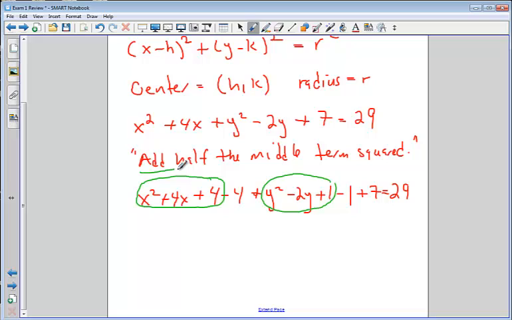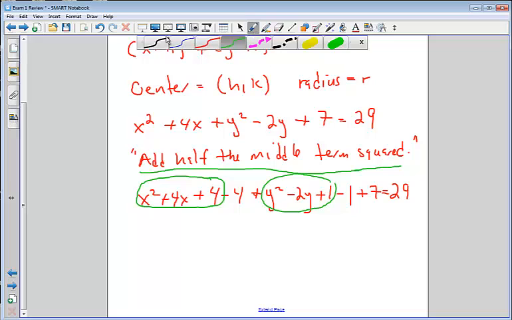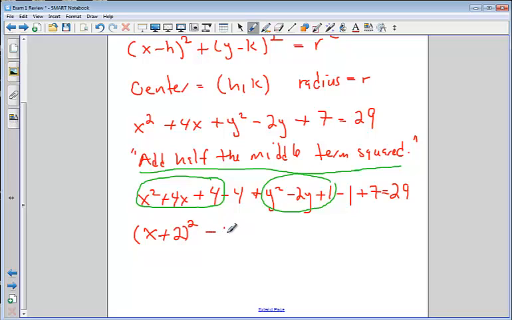Because of the rule, add half the middle term squared, this should be x plus 2 quantity squared. Then minus 4 plus, and this turns out to be minus because it's minus 2y, y minus 1 quantity squared, and then I have minus 1 plus 7 is equal to 29.